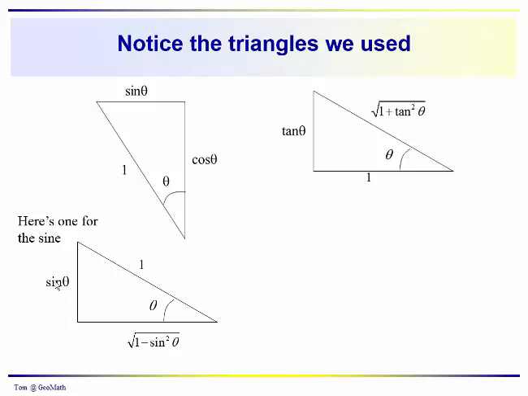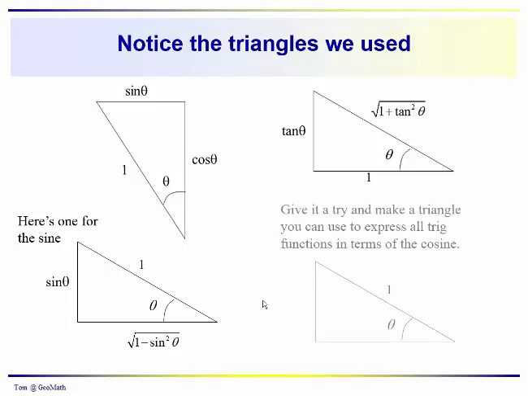So we have the tangent of theta equal to sine of theta over the square root of 1 minus sine squared of theta. The cosine of theta would be equal to side adjacent over 1, the square root of 1 minus sine squared of theta.